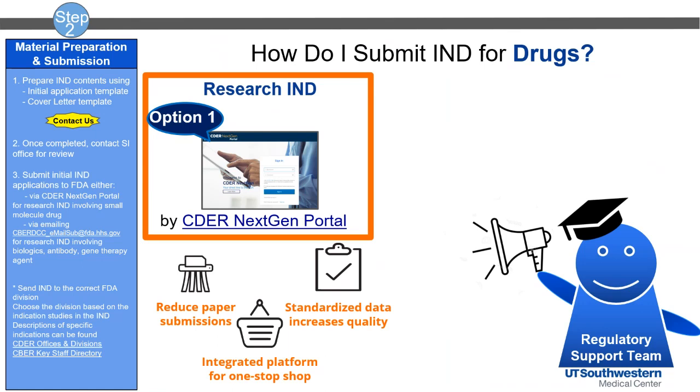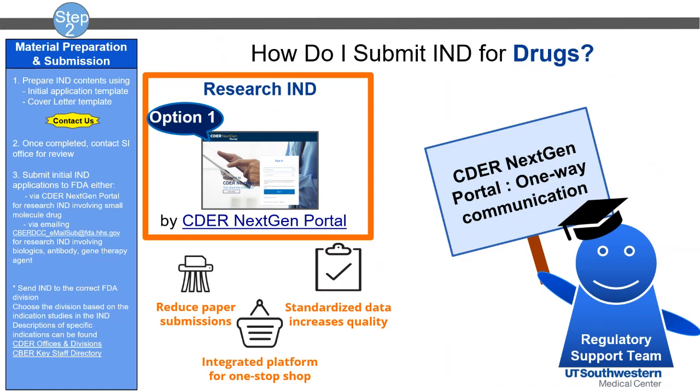It is an integrated platform, a one-stop shop, as it enables submission of not only the initial IND application, but all the ensuing submissions that will be tied to that research IND. It serves as a central location for submitting all the submissions, viewing the submission statuses, and reviewing communications from the FDA.